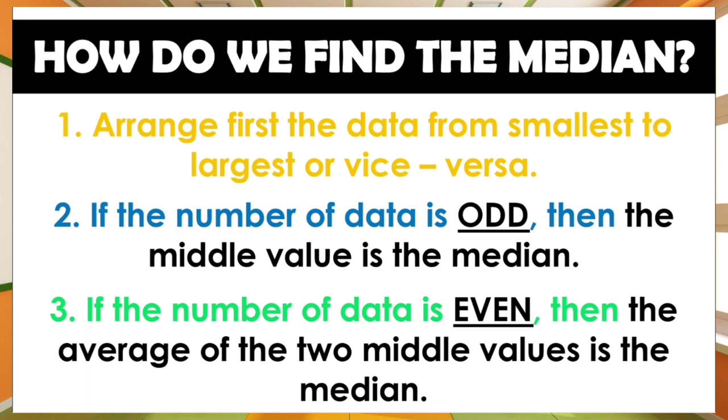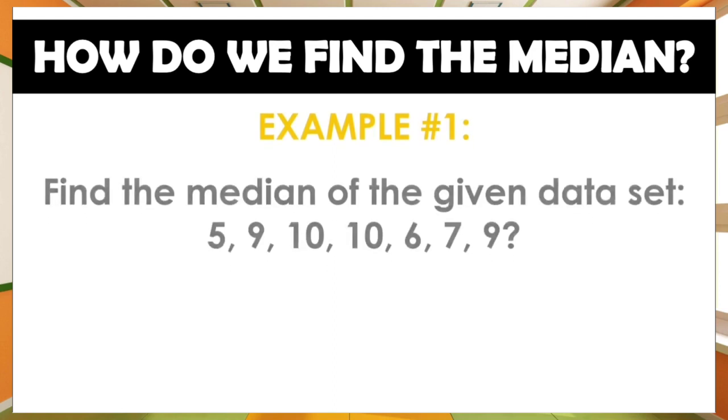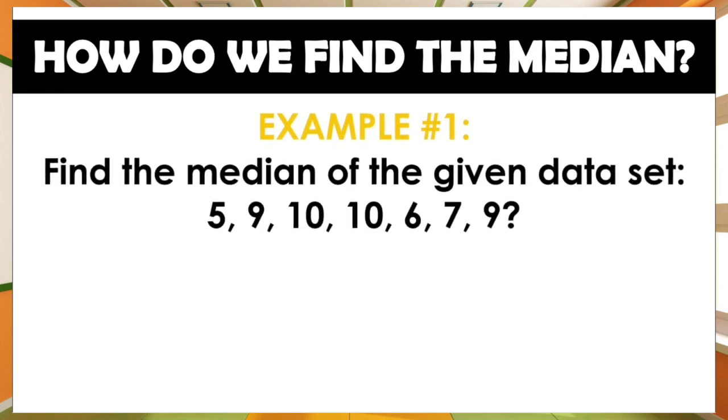Let us discuss the first example for better understanding. Find the median of the given dataset: 5, 9, 10, 10, 6, 7, and 9. As you can see, there are 7 values in our dataset. The number of values is odd.